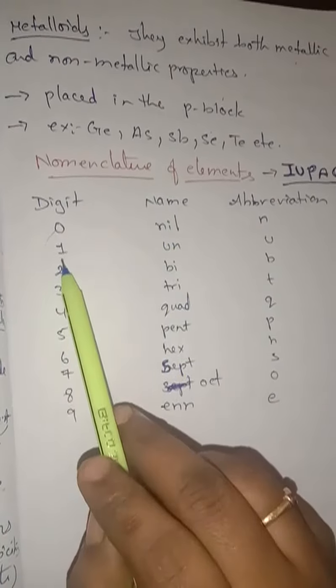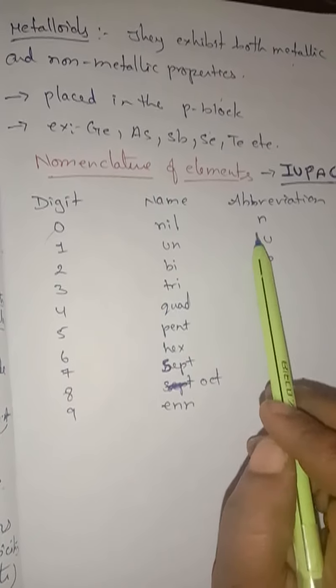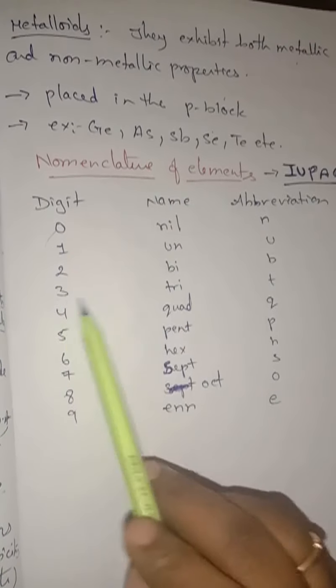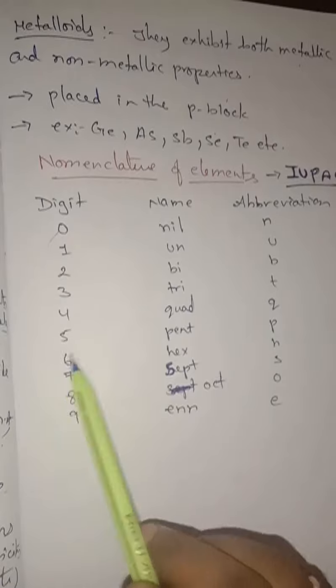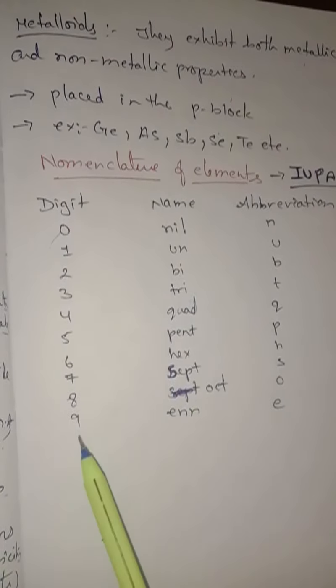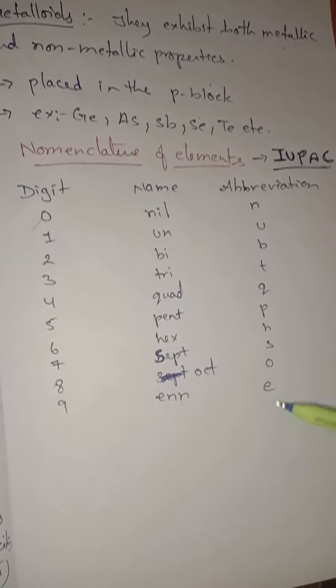For 1 it will be un. The starting letter will be the abbreviation for these names. Next, 2 means bi, 3 means tri, 4 means quad, 5 means pent, 6 means hex, 7 means sept, 8 means oct, 9 means enn, and their respective abbreviations.